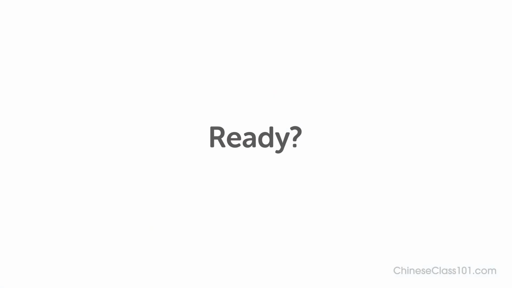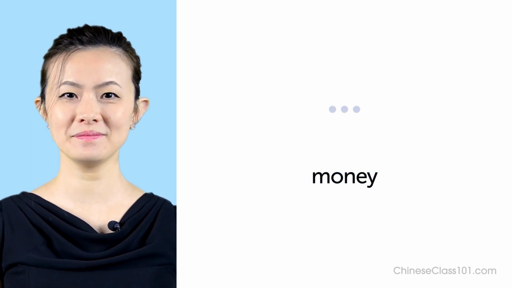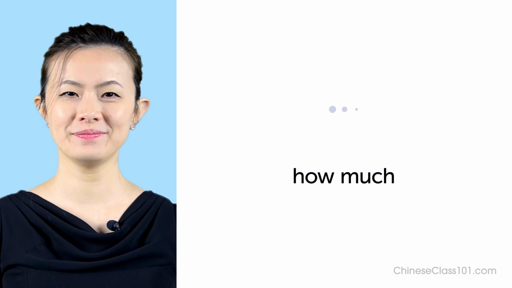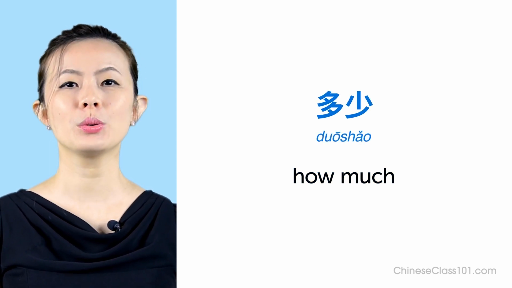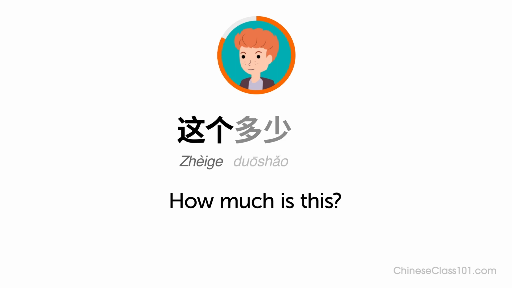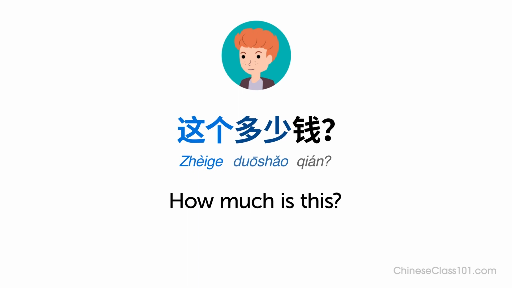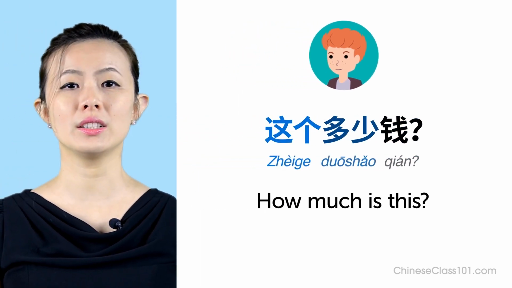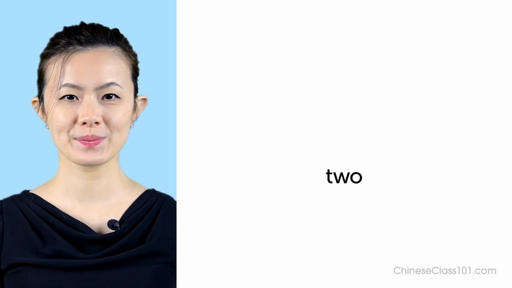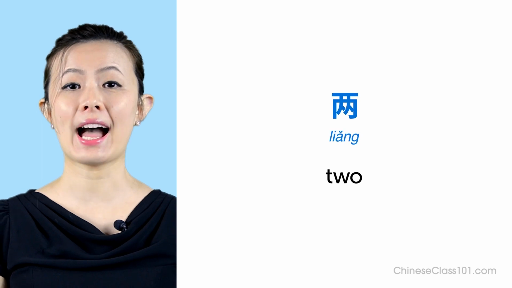Let's review. Respond to the prompts by speaking aloud. Then repeat after me, focusing on pronunciation. Ready? Do you remember how to say money? 钱. And how to say how much? 多少. Do you remember how Ben Lee asks, how much is this? 这个多少钱？ Do you remember how to say 2 when it's followed by a measure word? 两.